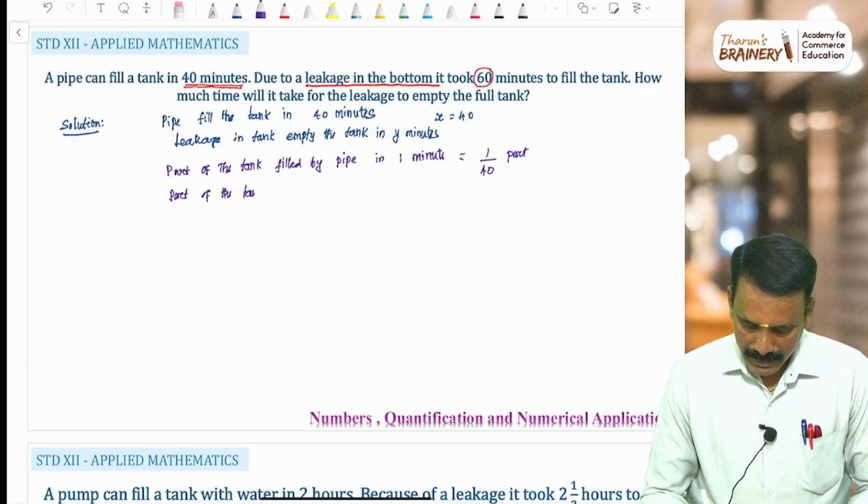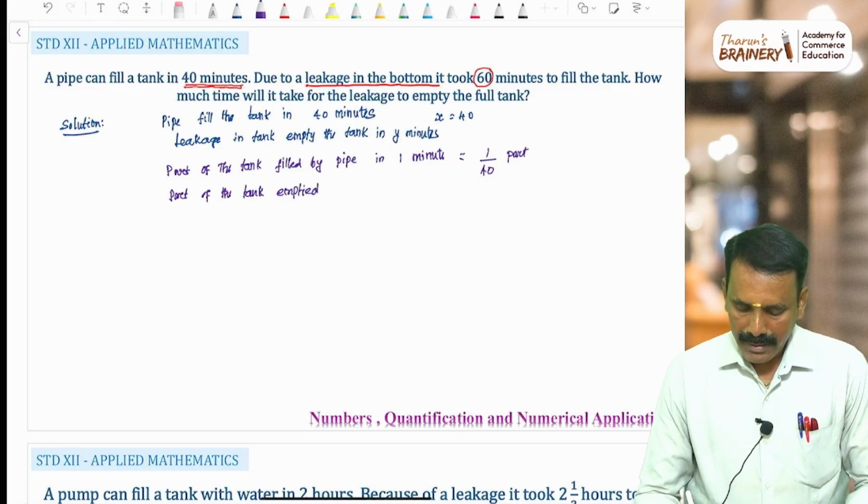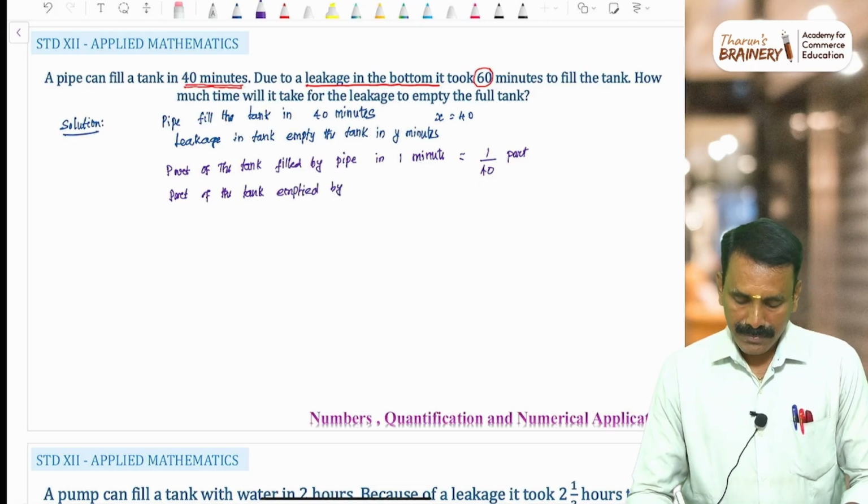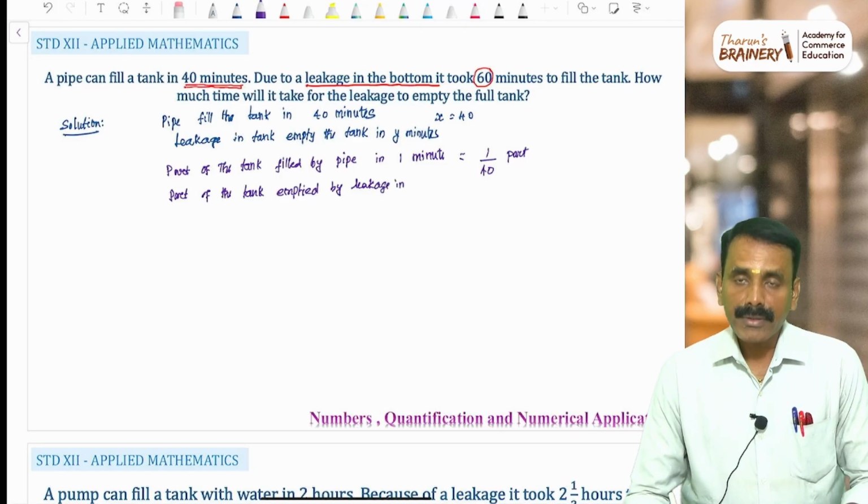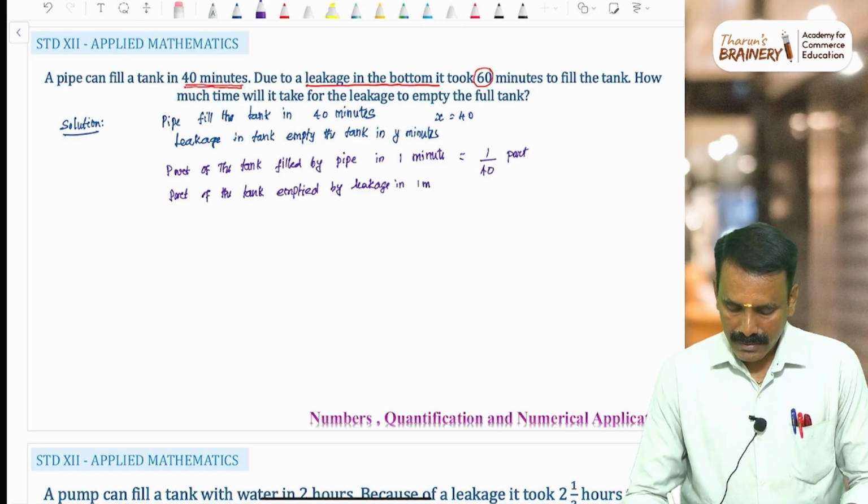Part of the tank emptied by leakage in 1 minute will be equal to 1 by y part.